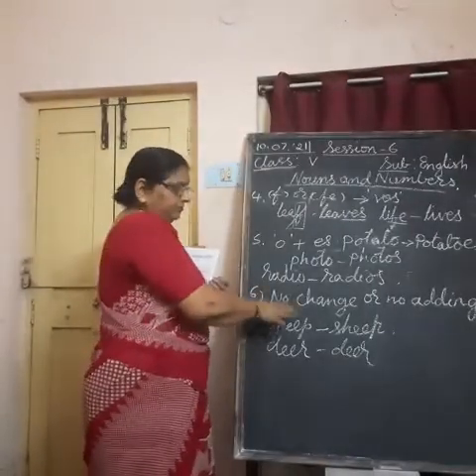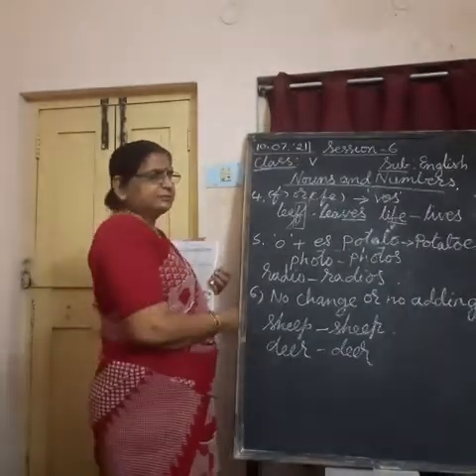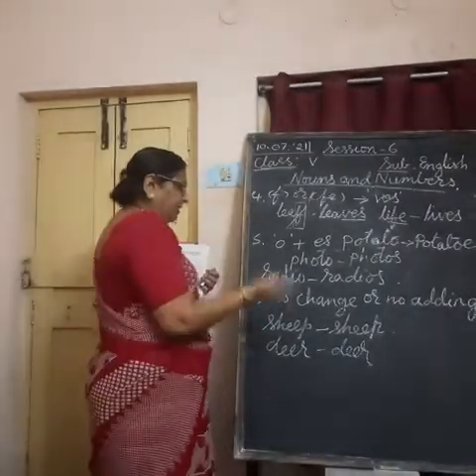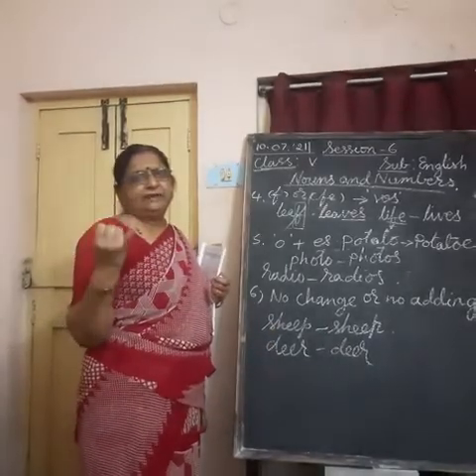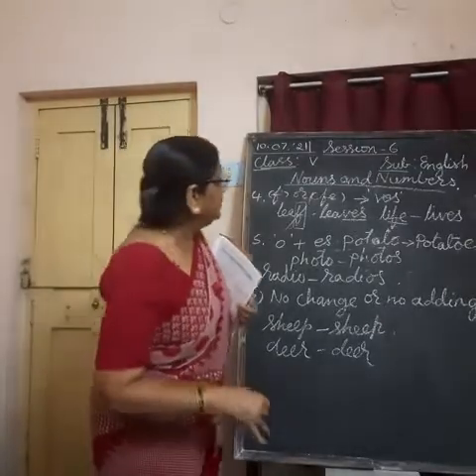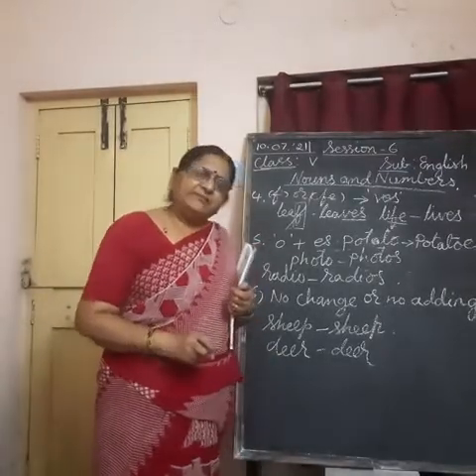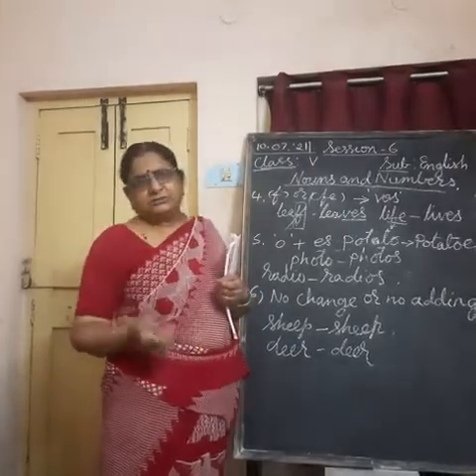So here we don't do any change or adding. We are not changing the spelling, nor are we adding any letters as we did with the case of Y. We cancelled Y and wrote IES in its place to make it plural. Whereas in case of F and FE, we cancelled F and FE and added VES to the word.